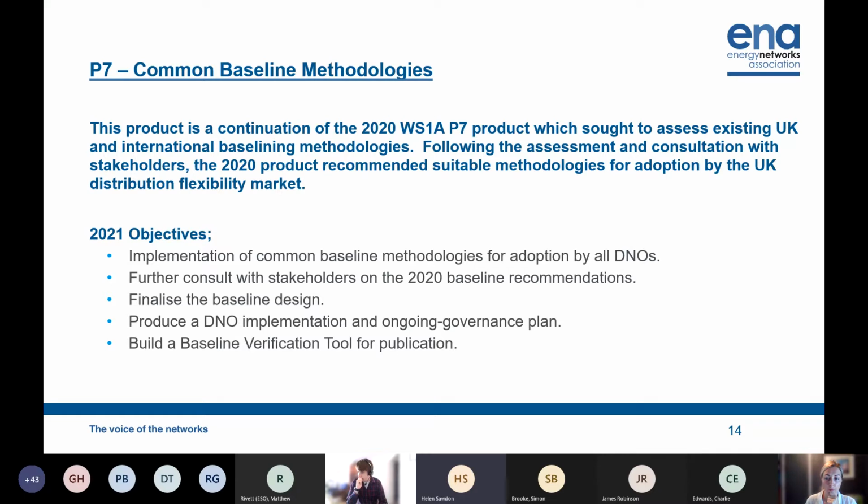And we also produced an implementation plan, the timeline of how we would implement these common baseline methodologies, and an ongoing governance plan around the standardisation or the development of baseline methodologies moving forward.